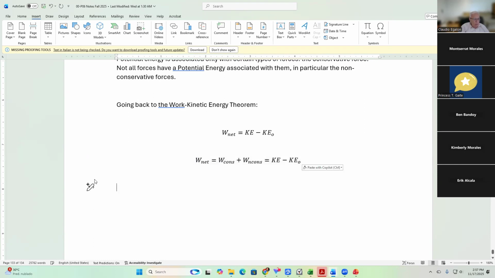But let's not forget that the work done by a conservative force, by definition, is minus the final potential energy plus the initial potential energy.